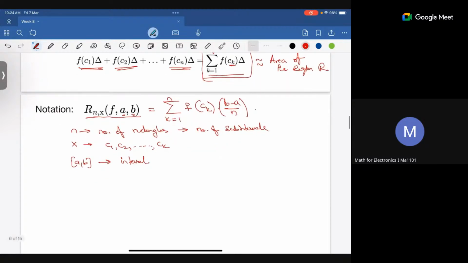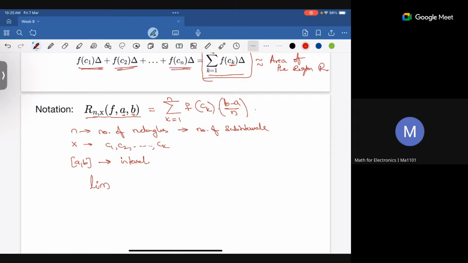Now, in order to make this approximation better, we have to reduce delta. How can I reduce delta? If I increase n. Increasing n is nothing but increasing the number of subintervals, and you increase it such that n goes to infinity. So you have to be picking infinitely many rectangles in order to get the best approximation.